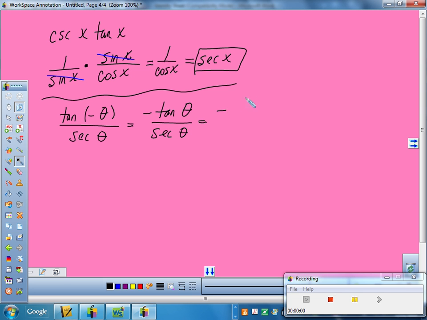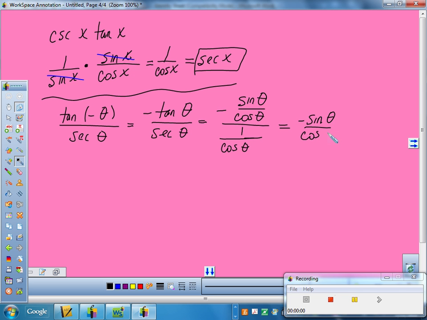So I would agree. She said change tangent into sine over cosine. What can I change secant into? That's number 2. Secant is 1 over the cosine of angle theta. Then, oh no, what do you do when you have a fraction divided by a fraction? Yeah, we multiply by the reciprocal.